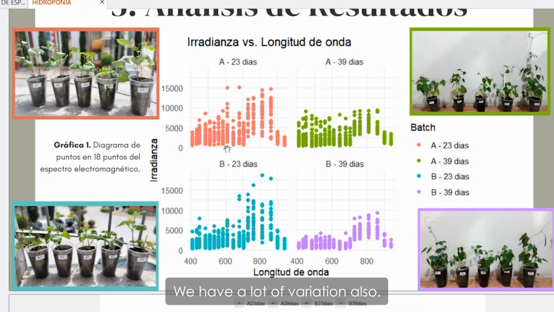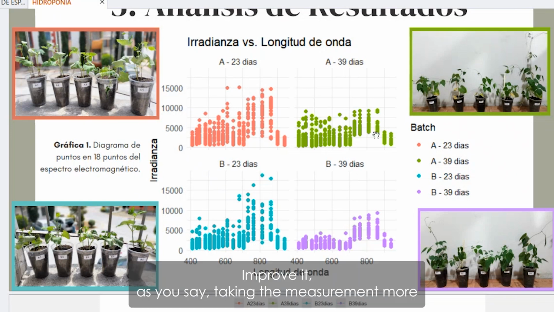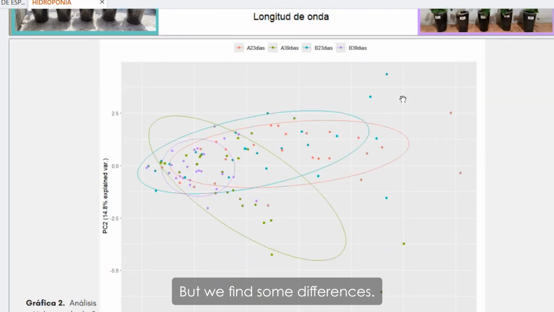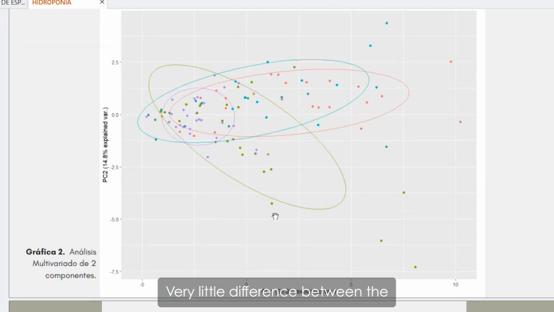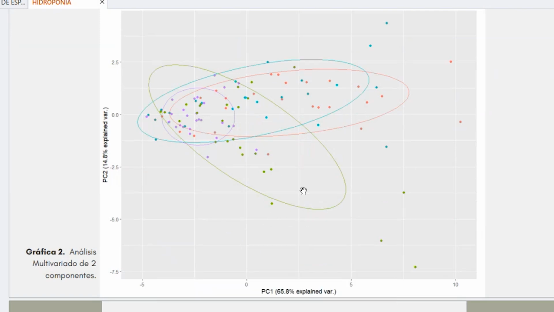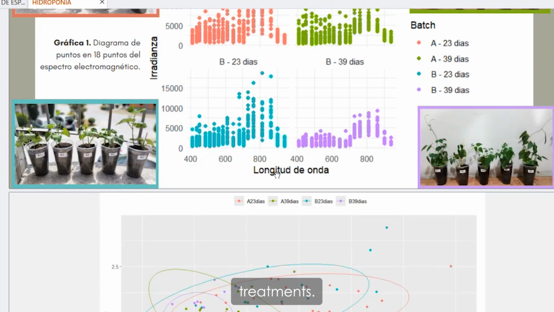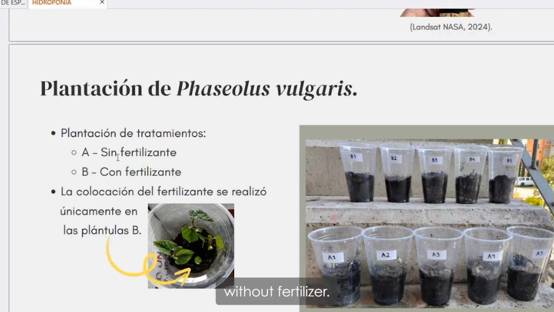We have a lot of variation also, but this could be improved, as you say, by taking the measurement nearer to the surface of the leaf. But we found some differences, very little difference, between the fertilized treatments. A is without fertilizer and B is with fertilizer.